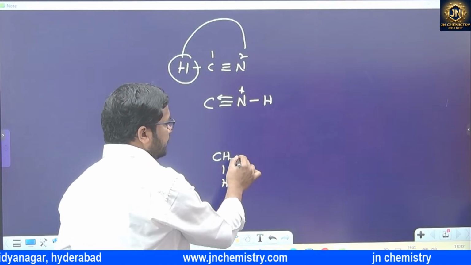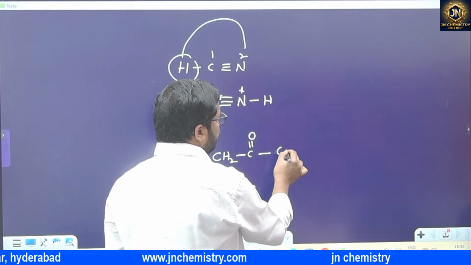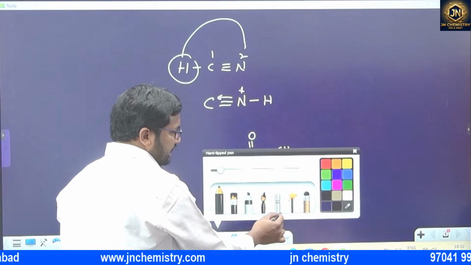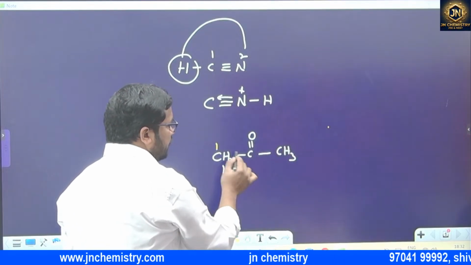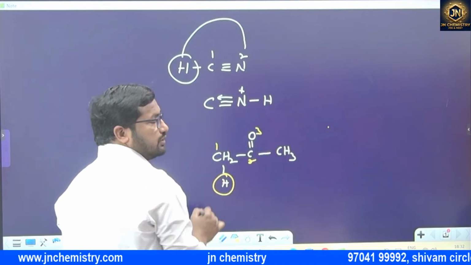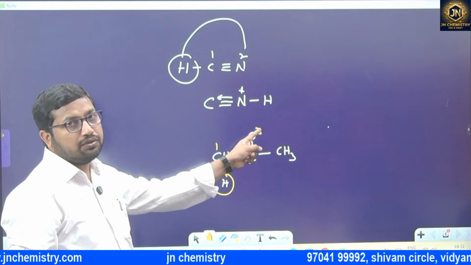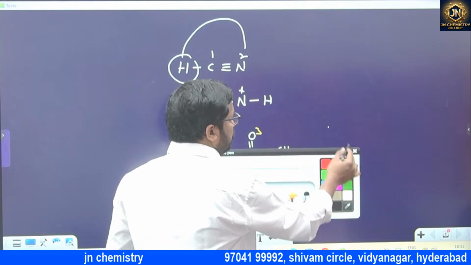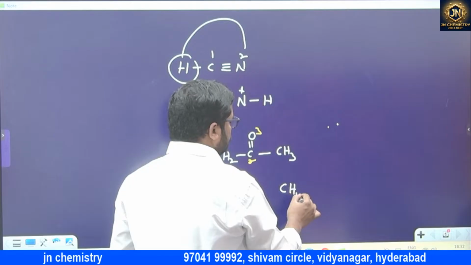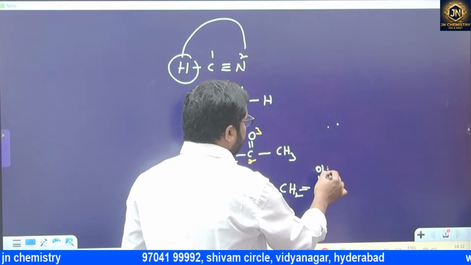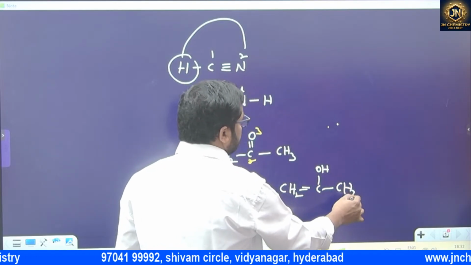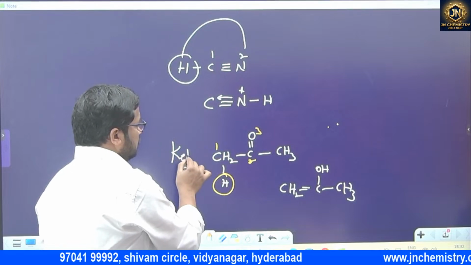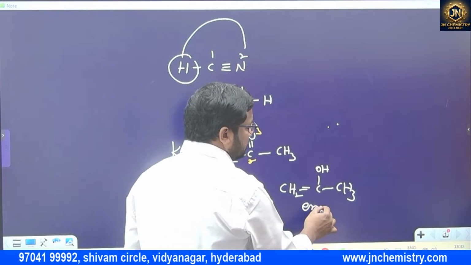Basically, the more important thing in the triad system is keto-enol tautomerism. What exactly happens here? Positions 1, 2, 3: the proton is transferring from position 1 to 3, so that we get CH2=C(OH)CH3. This is the keto form, this is the enol form.